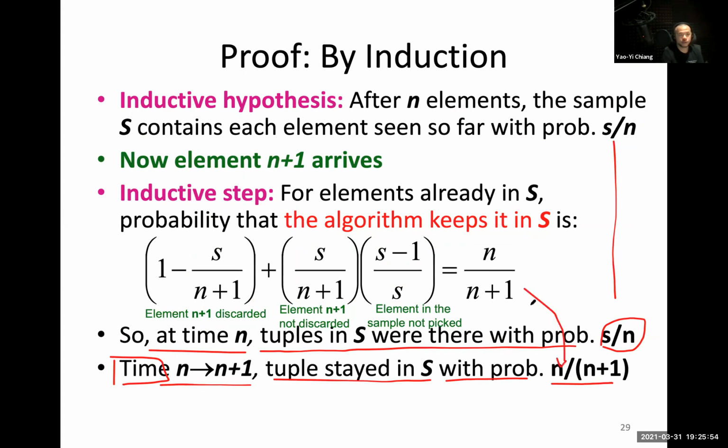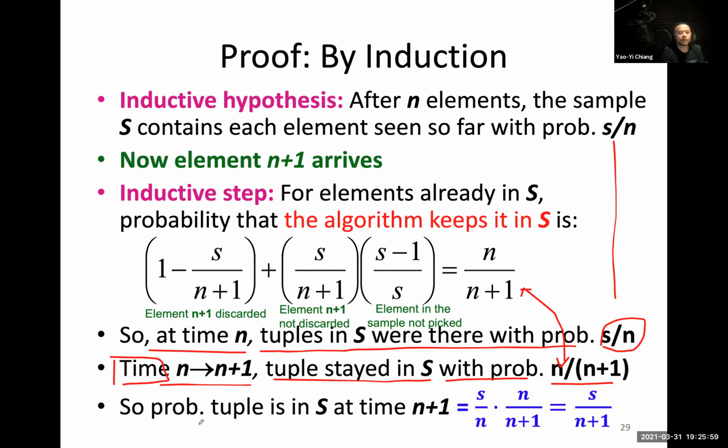This is what we just derived. So the probability of a tuple being in S at time n plus 1 is its original probability of staying in the sample from time n times the probability of still staying in the sample at time n plus 1, and n and n cancel each other, becomes S over n plus 1, right?